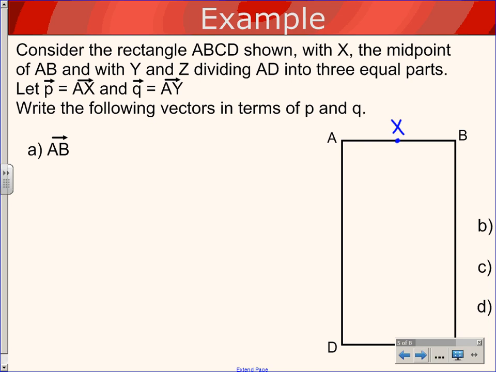Y and z are points that are going to divide AD up into 3 equal segments. So we can't really call it a midpoint, but it's got that same sort of idea. I'm hoping those points are close. So there's y and there's z, and now all 3 of these lengths are equivalent. Well, I came close.